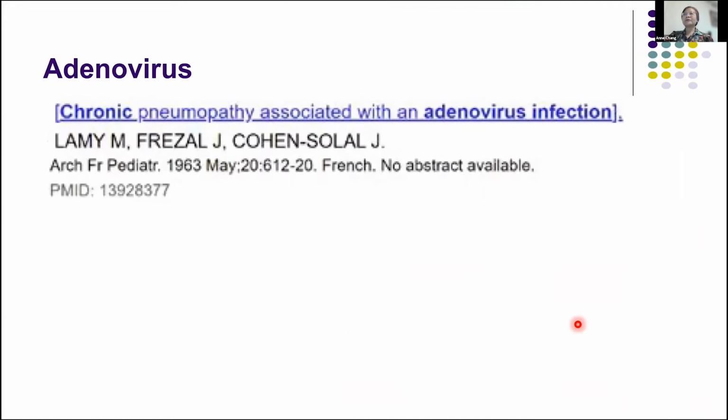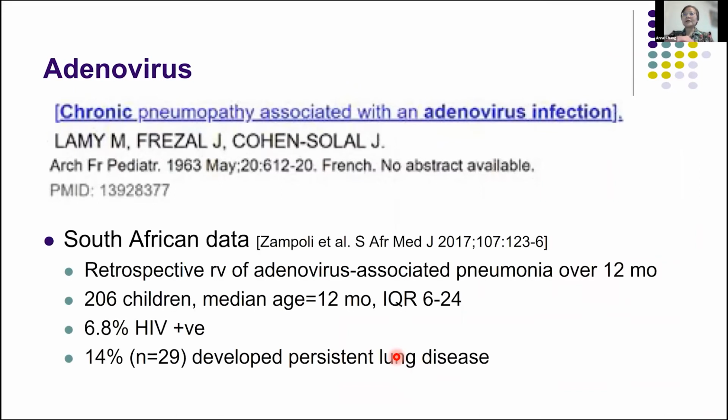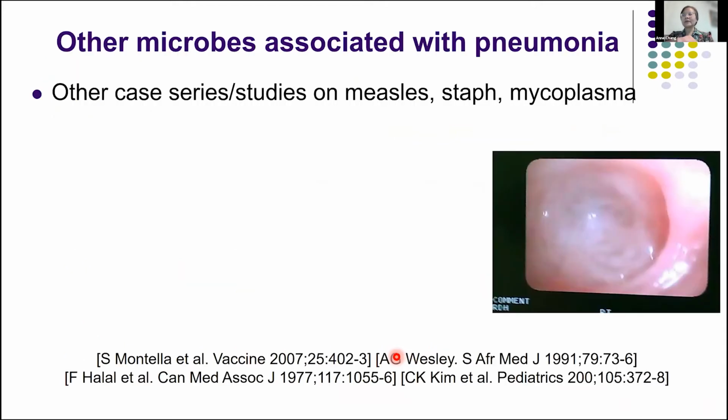I think most of you would know about the importance of adenovirus as well, and this paper is way back in 1963. If you draw on the more recent papers in South Africa, again, they showed that 29% developed persistent lung disease post-adenovirus.